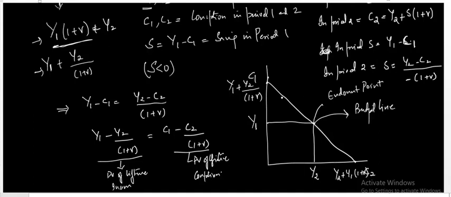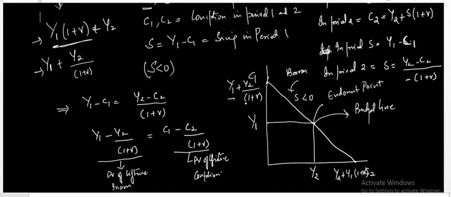Now notice over here, in this case a consumer is consuming the income that is generated in period 1, plus he is also consuming what he is going to generate in period 2. So in this case the consumer needs to borrow, because savings in this case are going to be less than 0.